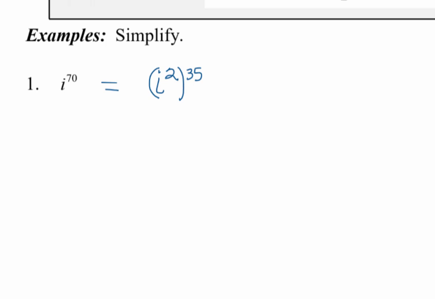So we have 70 i's over here, and we're going to group them in 2's, and we want to know how many groups of i squared we can make. And so there's 35 groups, right? Notice that's what you would get if you take 70 and divide by 2, right? So then you're going to replace i squared with -1. -1 to the 35. Okay, and then we know that if we take a -1 to an odd power, that always gives us -1. So i to the 70th is -1.